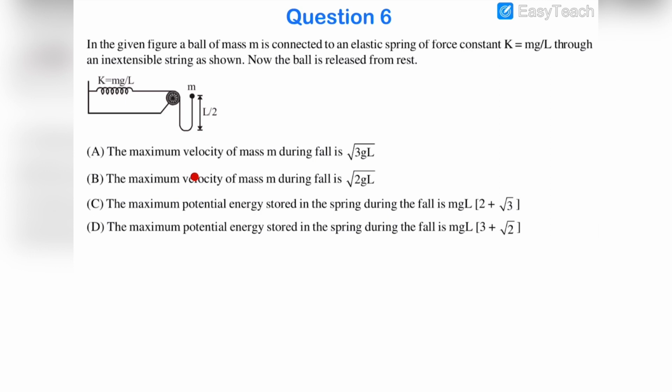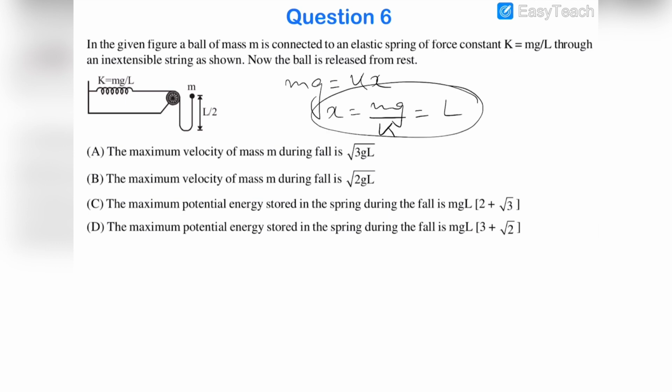Now if the ball starts to descend more, a point will come when the spring force balances the mg of the ball. Till that point, the ball is accelerated. So the maximum velocity of the ball would be attained when the spring balances its mg. So mg of the ball would be equal to kx, and x would be mg by k. Now k is mg by L, so x would be L.